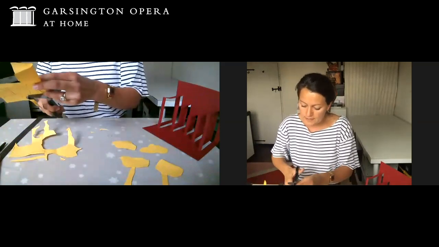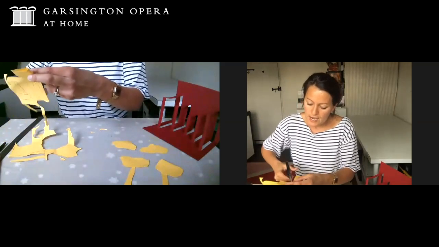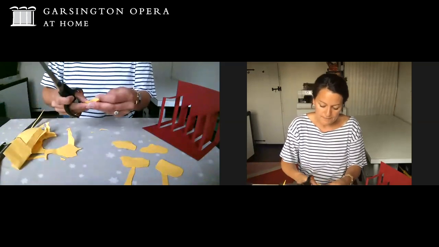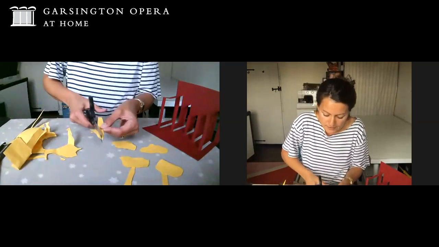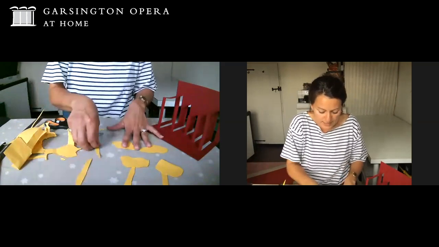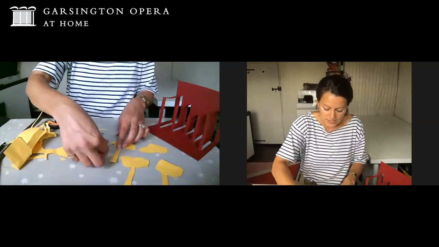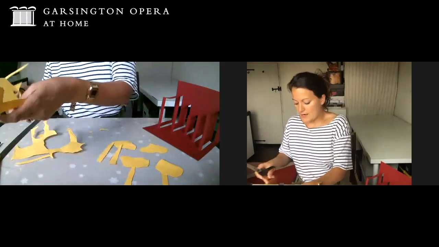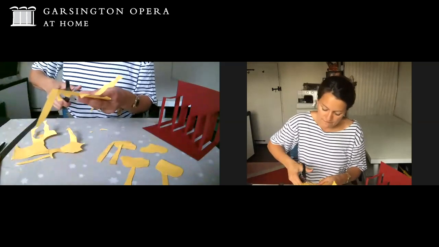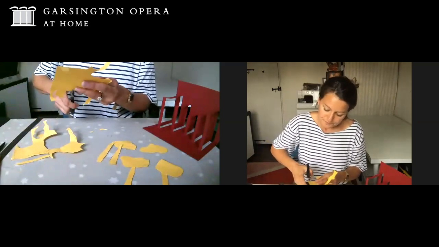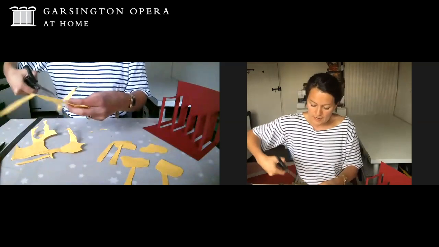You guys can spend much more time on this if you would like. So here are my tree trunks for my second pair of trees. And then lastly, here's my final tree trunk, which I'm just cutting out.